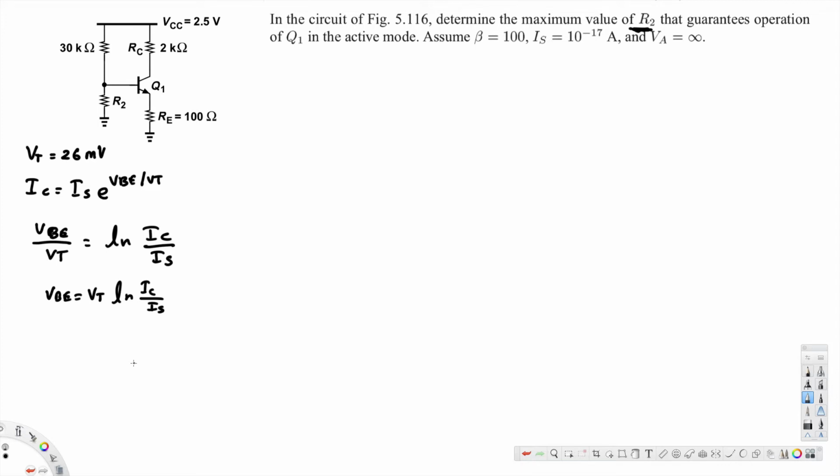Now if we apply Kirchhoff's voltage law for this circuit, we will get minus VCC plus IC RC plus VCE plus IE RE is equal to 0. Here instead of IE we can do one thing. We can replace this IE with IC over beta.